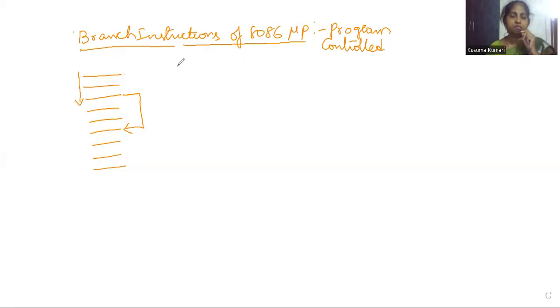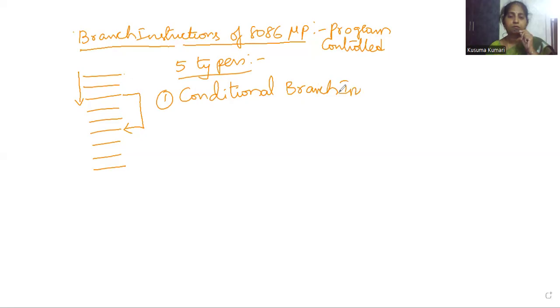These branch instructions are of five types. The first one is the unconditional branch instructions, then the conditional branch instructions.